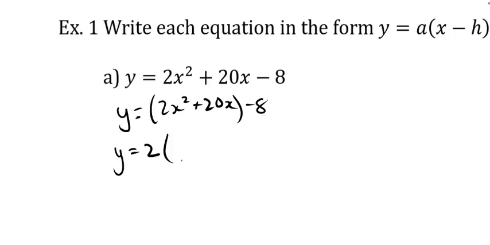This seems a little bit weird because this is like common factoring. But whether it's common or not, it has to be divided out. So 2x squared divided by 2 gives me x squared. In other words, the term inside the brackets has to be 1x squared.